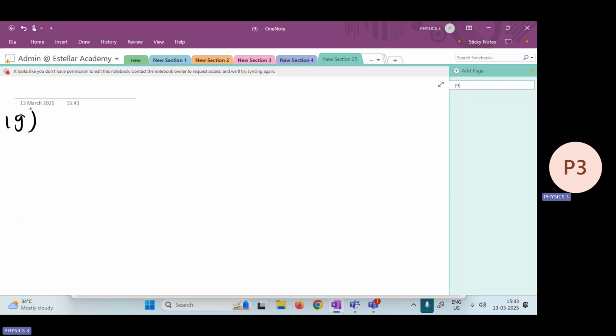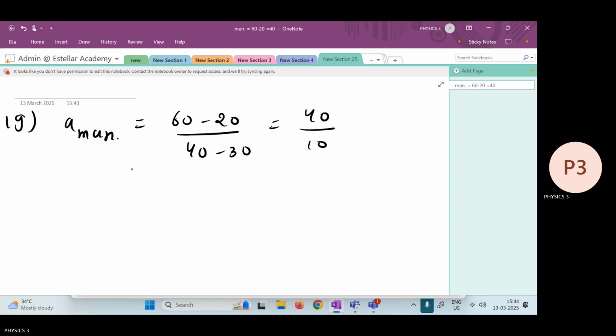So basically, we have to find out the maximum slope in this question. We can see in the whole graph, the maximum slope lies between the time 30 seconds to 40 seconds. So maximum slope will be 60 minus 20 upon 40 minus 30. So it would be 40 upon 10.